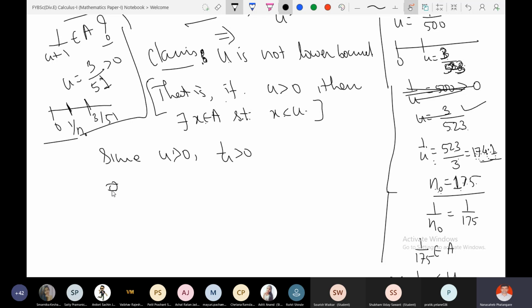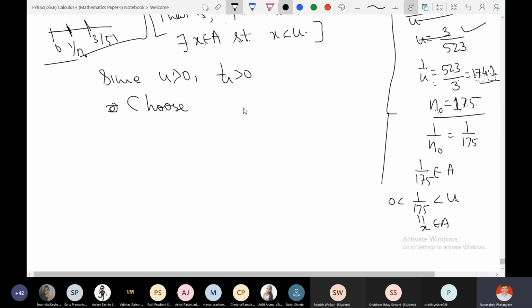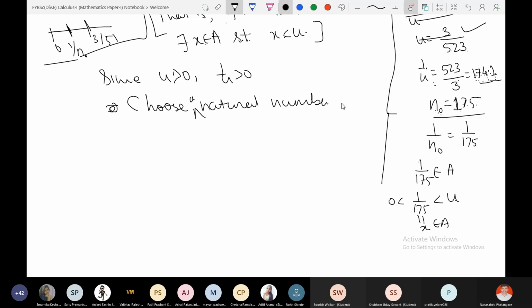So choose a natural number n naught such that it is strictly greater than 1 by u.